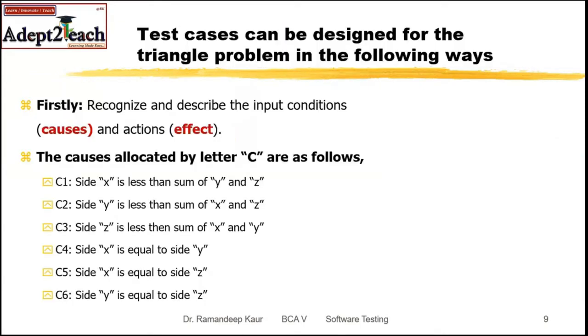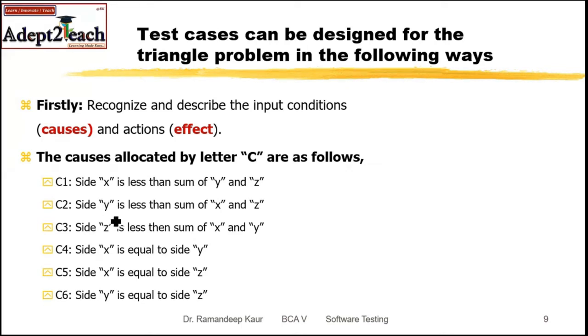Now I'm taking a bit complicated example. So we'll convert the triangle problem into the cause effect graphing technique. For your reference, I have written what the triangle problem was. We had X, Y, Z three sides, wherein we have to test the first condition that the sum of any two sides should be greater than the third side, or I can write in the reverse manner that one side should be less than the sum of the other two sides.